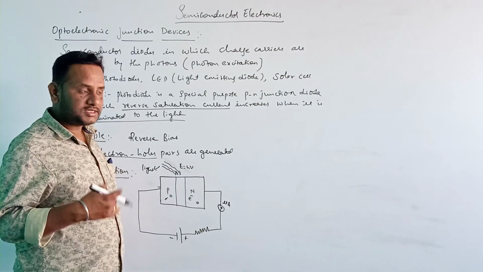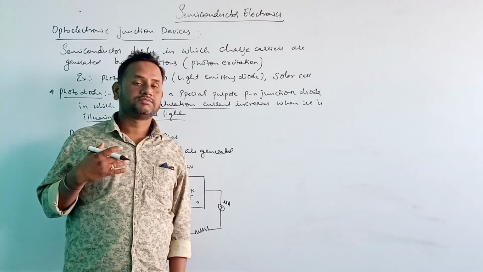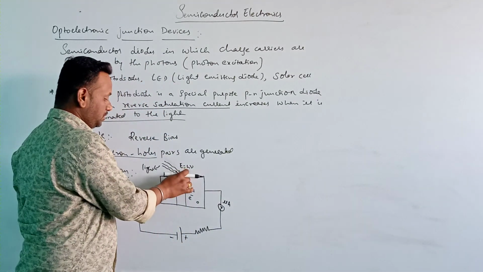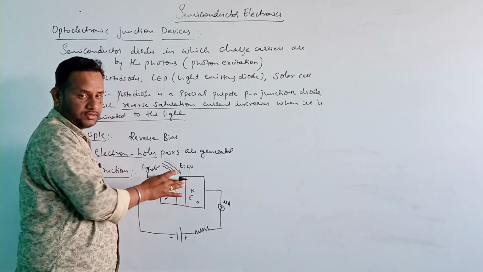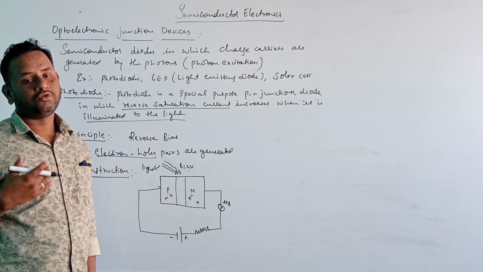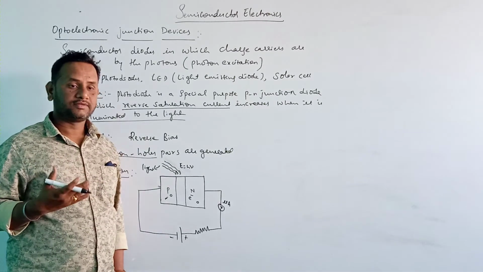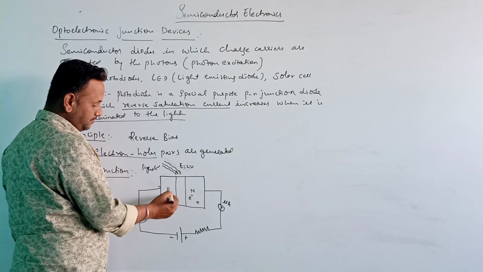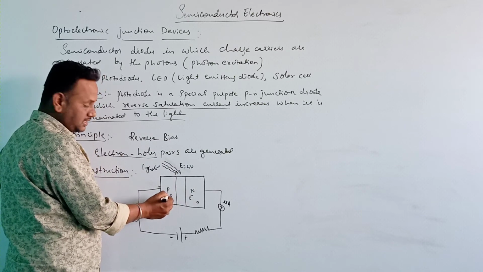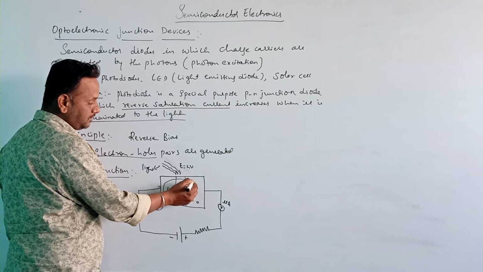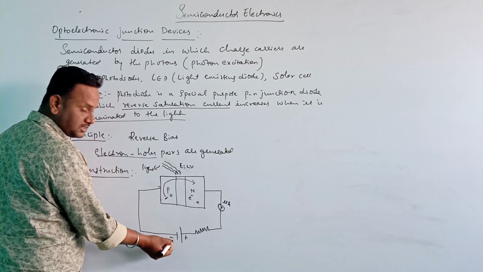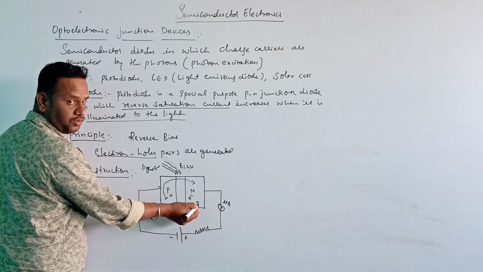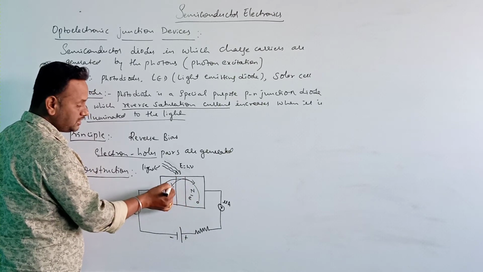Once radiation of a certain high frequency is incident on the window of this diode, the electron hole pairs are generated. Then the electrons, which are the majority charge carriers, reach the N side, and the holes reach the P side.